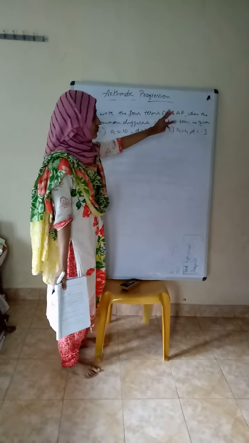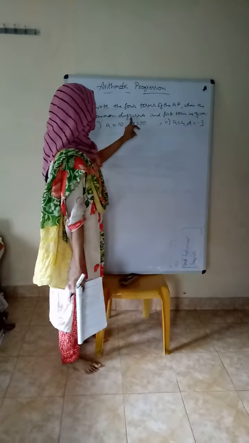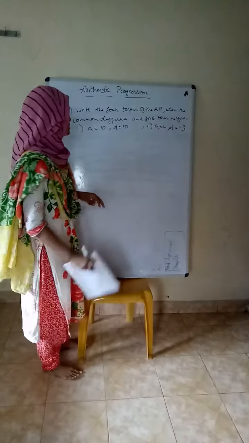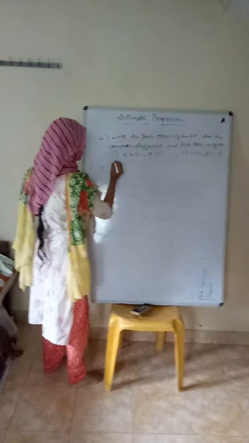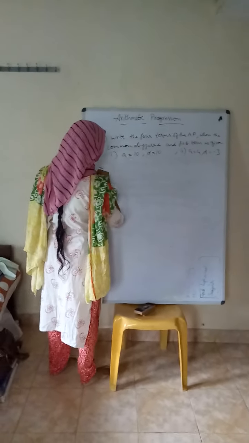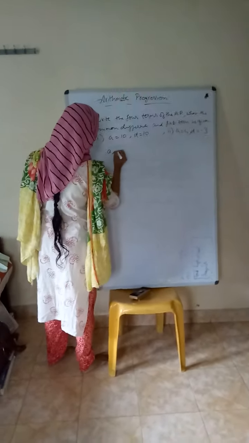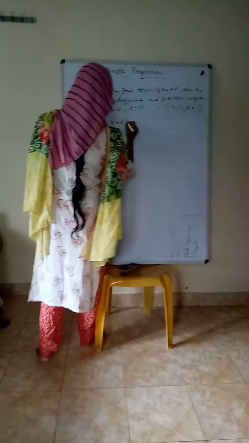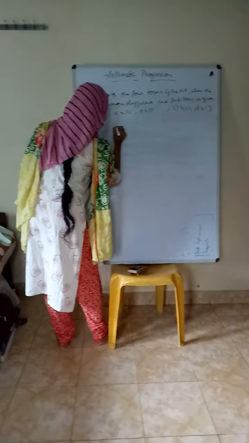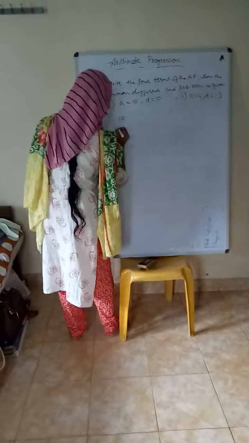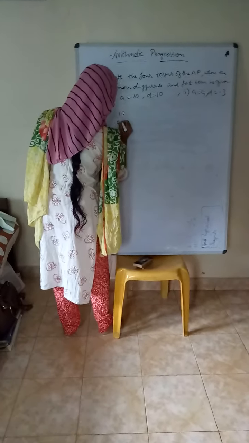How to write the 4 terms of an AP when the first term and common difference are given. Here a is 10, d is 10. You have to form the AP here. How will you do it? So what is the formula? The general form, a plus d. First write: the first term will be 10, right? A1 is equal to 10.